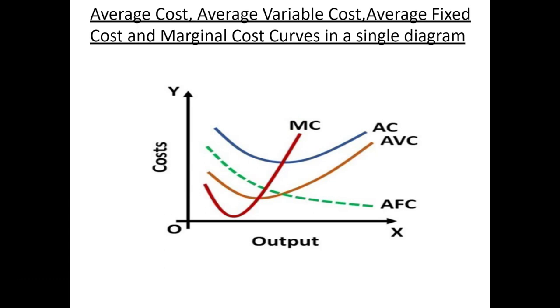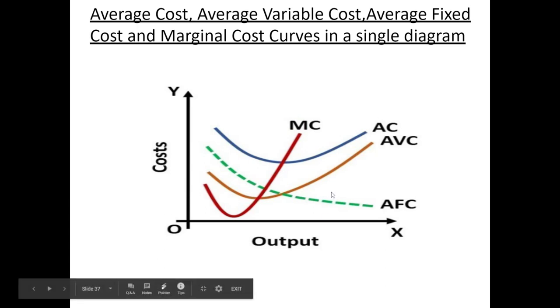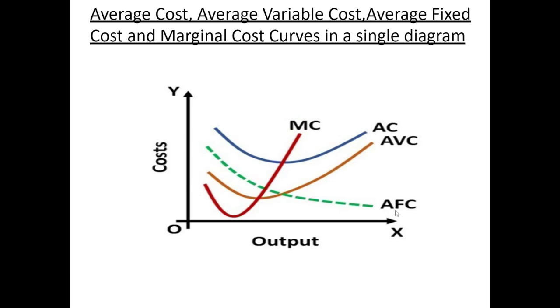So that is the relationship between MC, AC, AVC, and AFC, where the gap between AC and AVC, which is equal to AFC, keeps on declining as we increase the level of output.